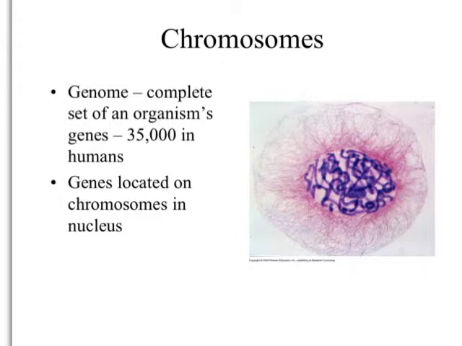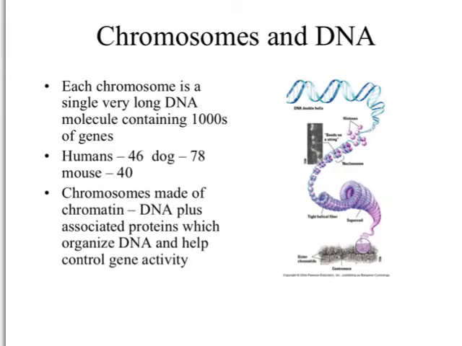These genes are located on the chromosomes, or the DNA, in the nucleus. Each chromosome is a very long DNA molecule that contains thousands and thousands of genes. In humans, we've got 46 chromosomes that package all the DNA. In dogs, there's 78 chromosomes, and in mice, there's 40.